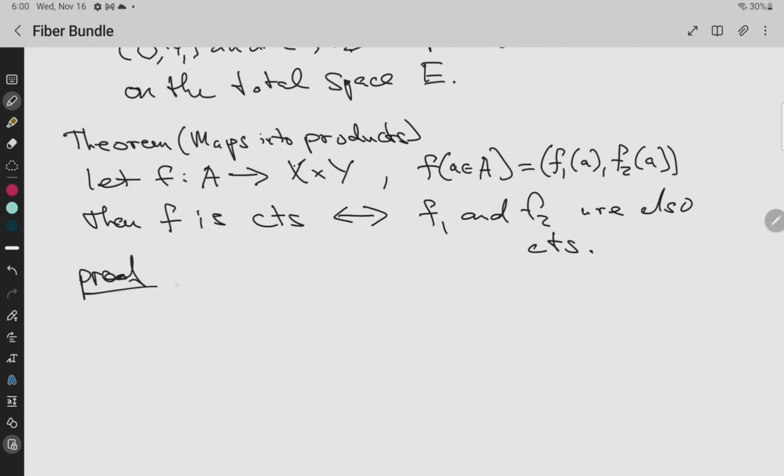All right, here's the proof. First, think of f1 and f2 as the coordinate functions for the function f.